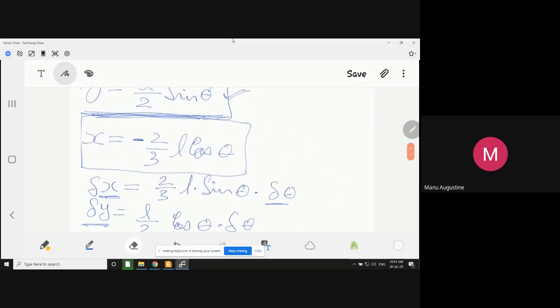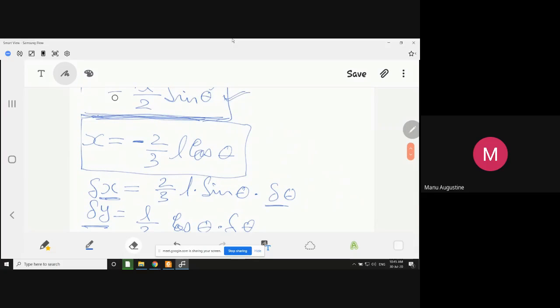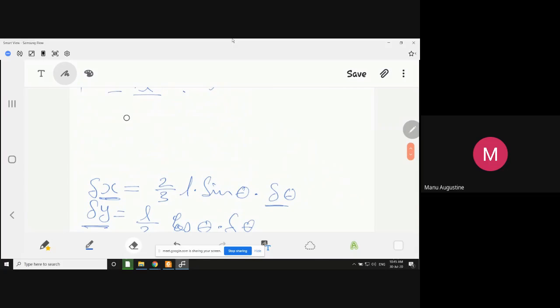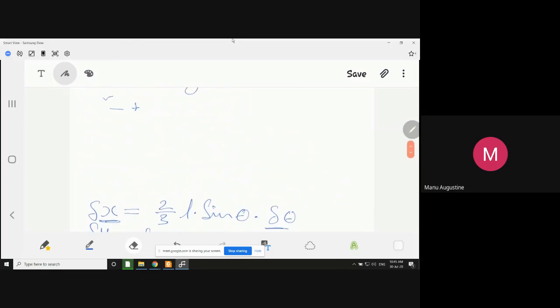So let me draw a clearer image here. This is theta. The center of the rod is at a distance of y.